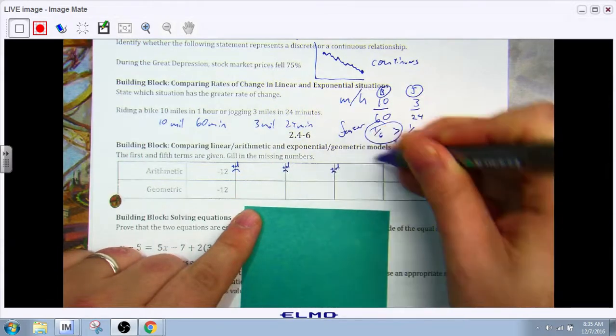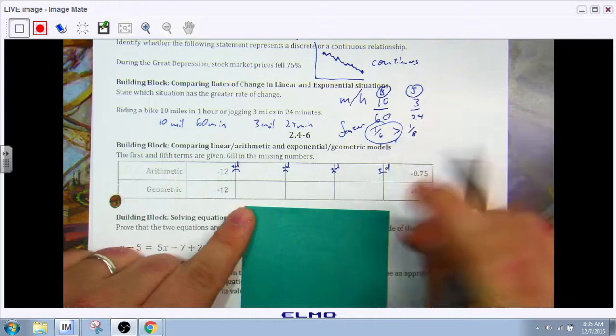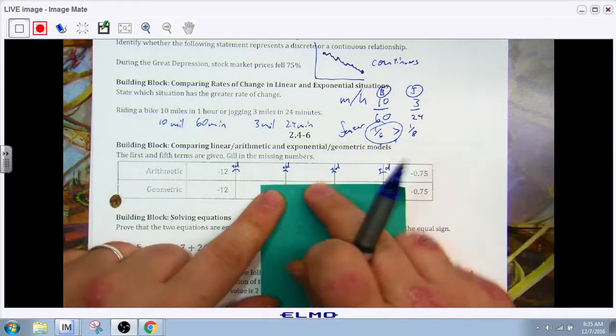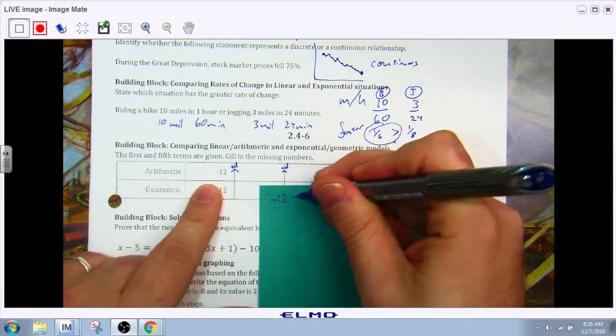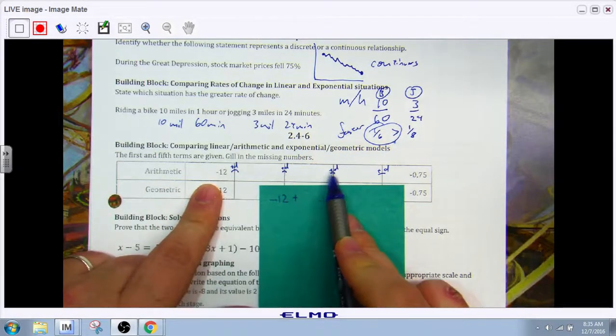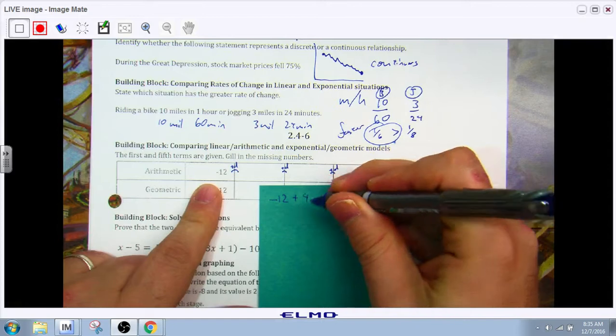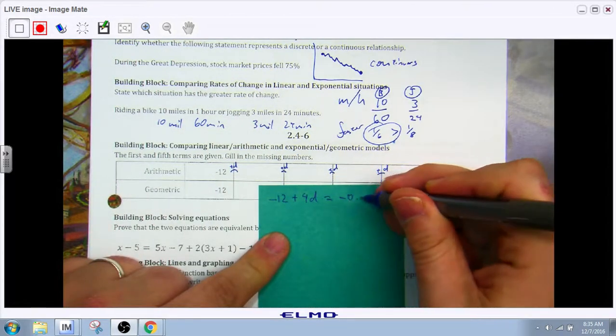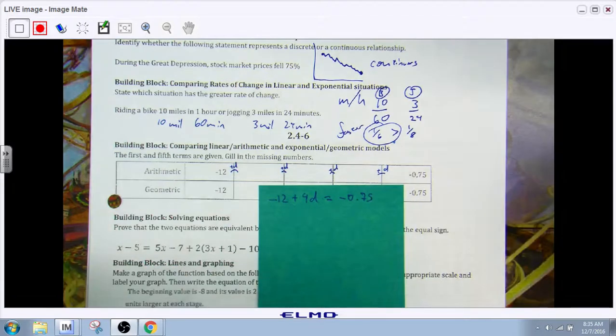I'm adding a difference. And I'm adding a difference. So to make this work, I'm taking my first value, -12, adding 1, 2, 3, 4 differences, and that's going to equal a negative 0.75. And so now all I have to do is solve for d.